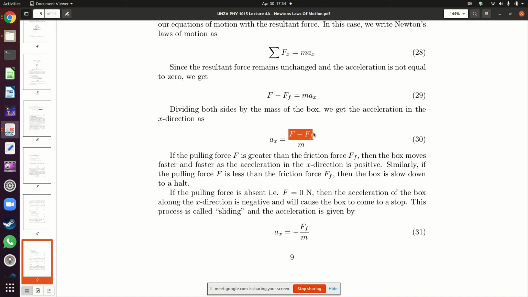So in this case, it depends. If F, the pulling force, is equal to the friction force Ff, then there will be no resultant force. Are we clear?